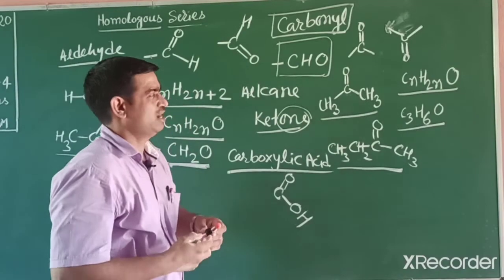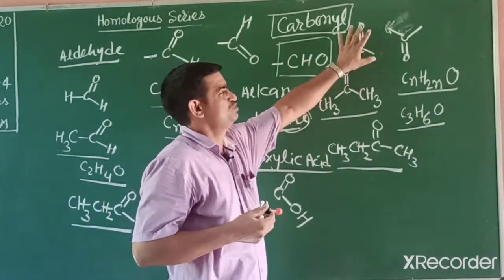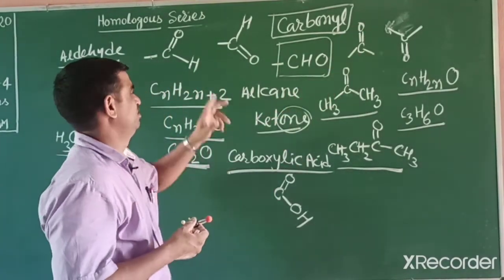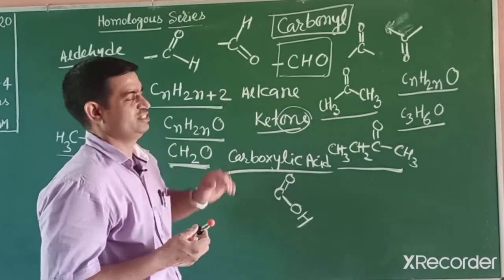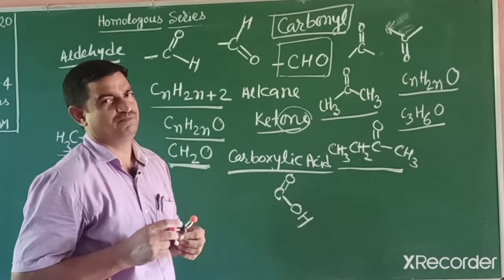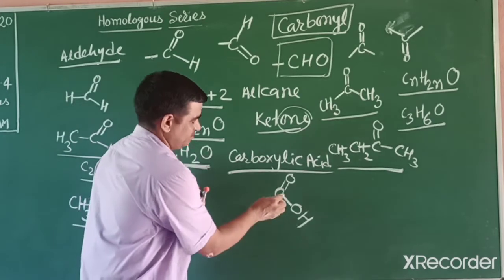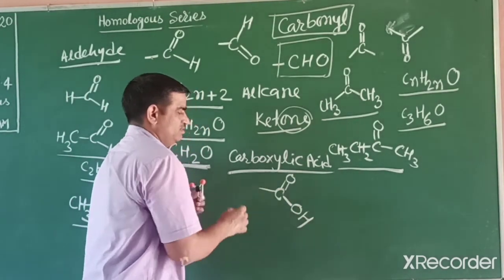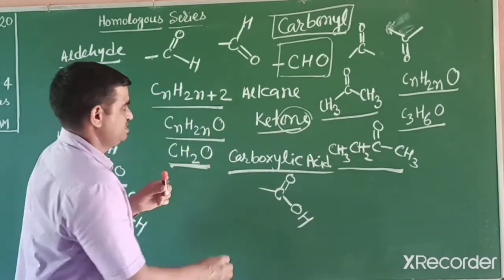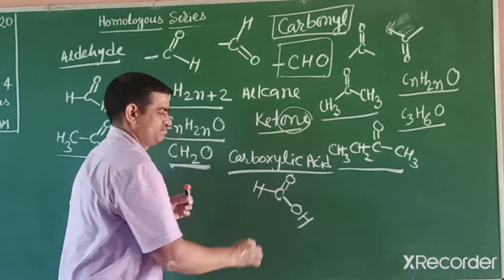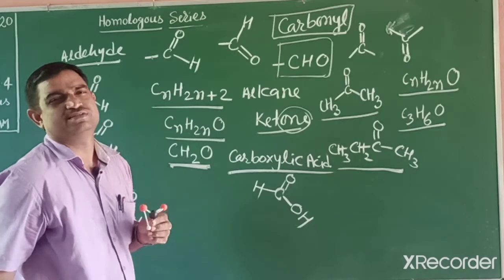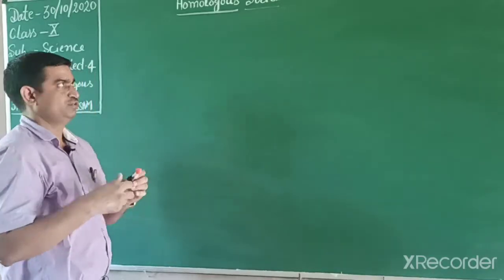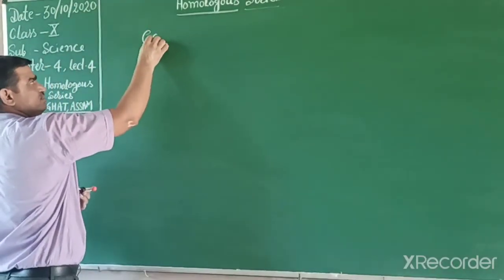Carbonyl means this CO group, and it's found in aldehyde and ketone both. In another compound, that is carboxylic acid, having both carbonyl and alcohol, means hydroxyl group. First member we can write here H only. Next functional group is carboxylic acid.